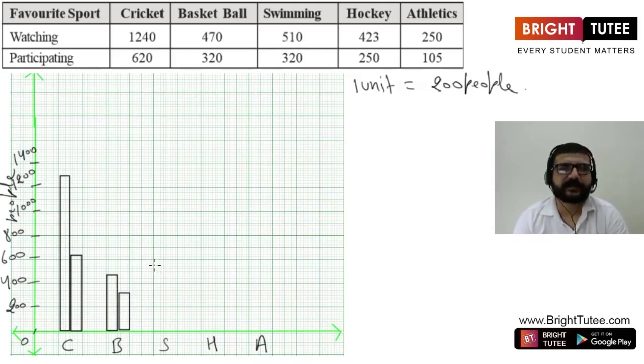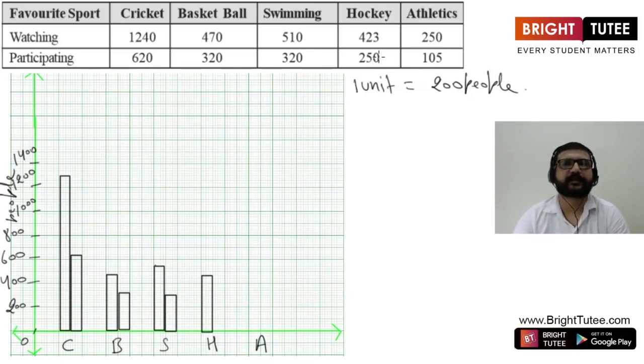So it will be approximately like this. And the number of people participating in it is 320. So it will be like this. Now for hockey it is 423. So it will be approximately like this. And the number of people participating in hockey is 250. So it will be like this.